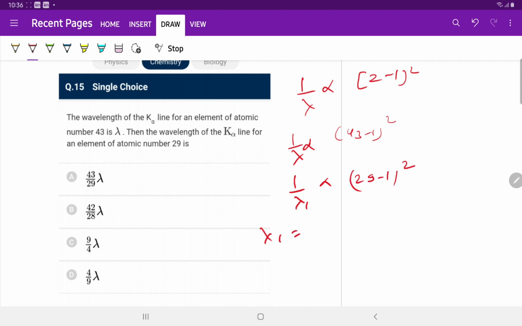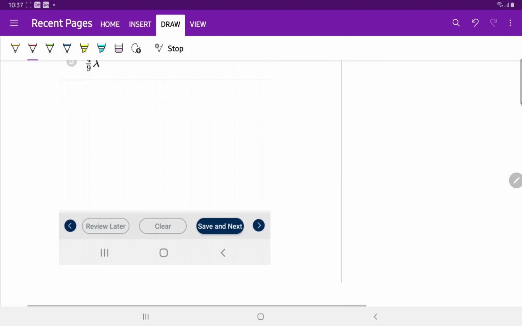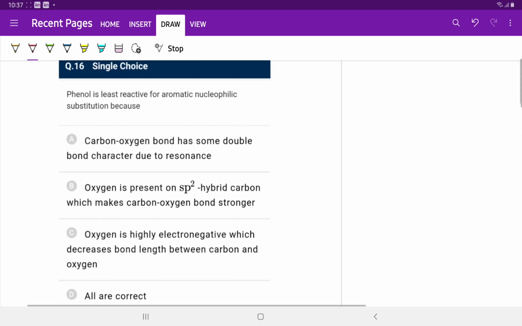So lambda 1 is equal to 42 square upon 28 square multiplied by lambda, which is equal to 9 by 4 lambda. So option C is correct for question number 15. We will move to question number 16.